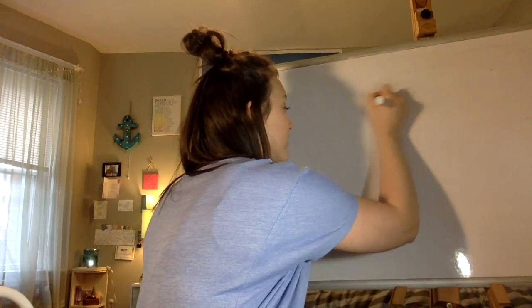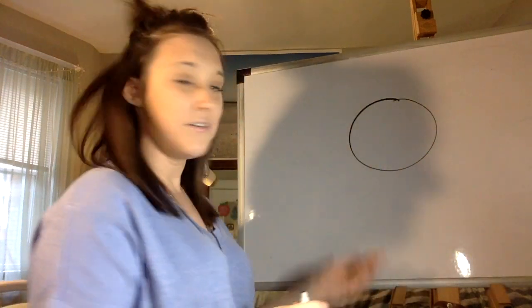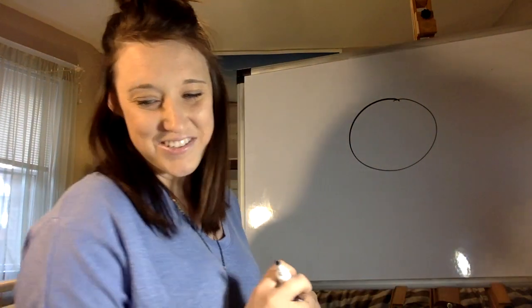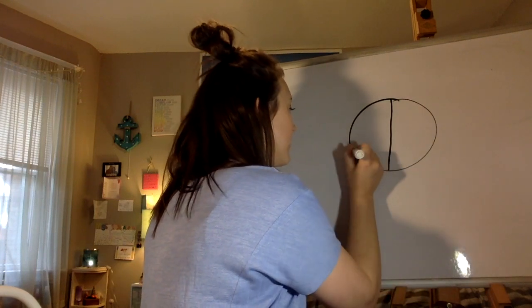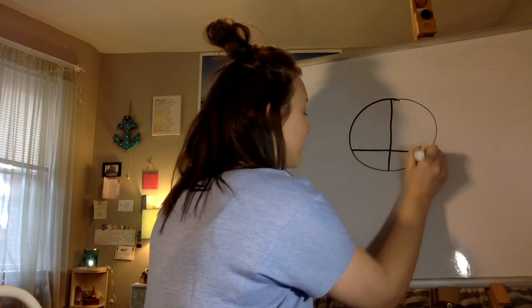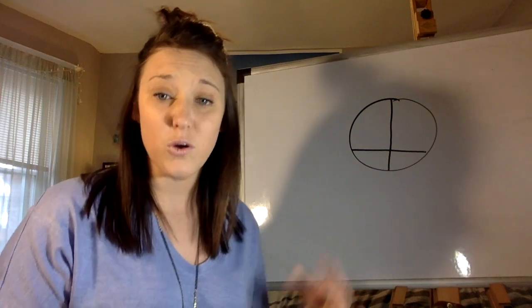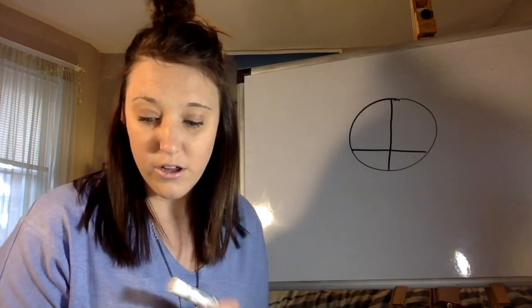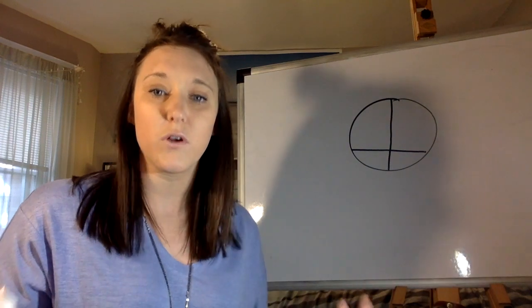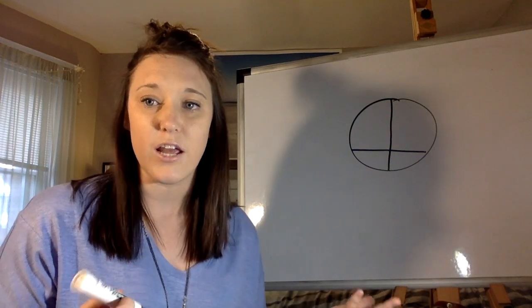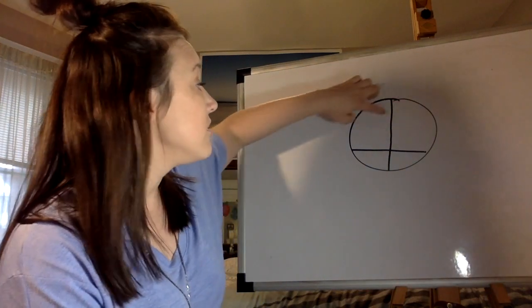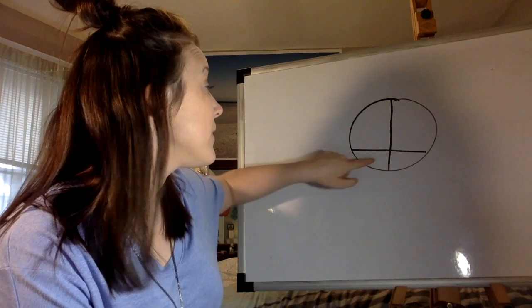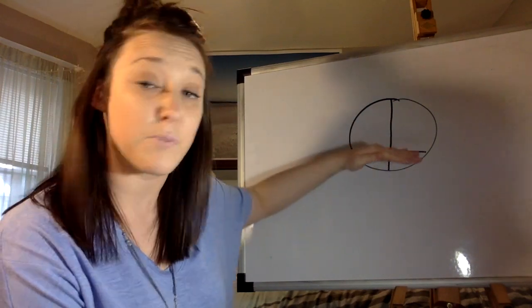Okay, let's look at the next one because that's where things get a little tricky. The next picture gives us a circle and it is split. We've got our half down the middle and then it's split like this. So first and foremost, looking at our circle, is it equal or unequal? Are all of the parts in this shape the same or different? Well, the halves are probably the same, but then we've got these two down here where it's split again.